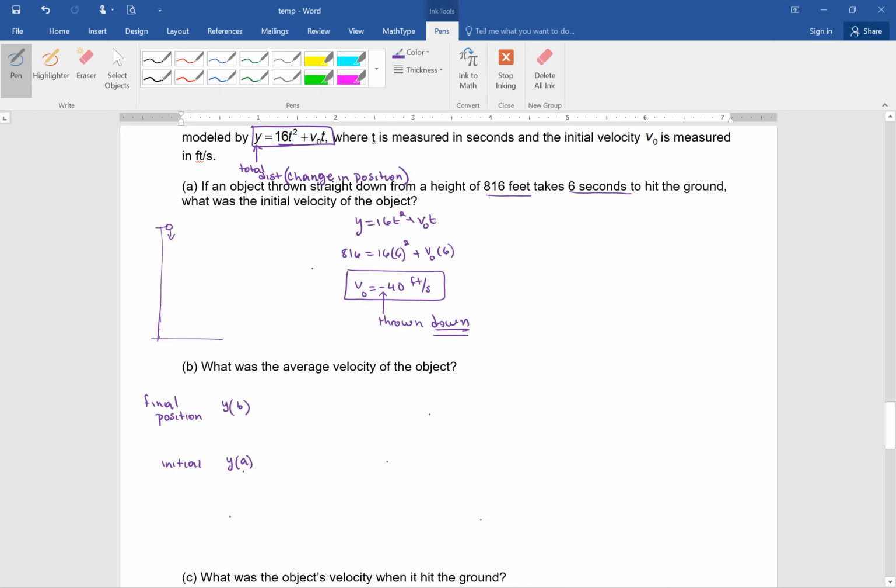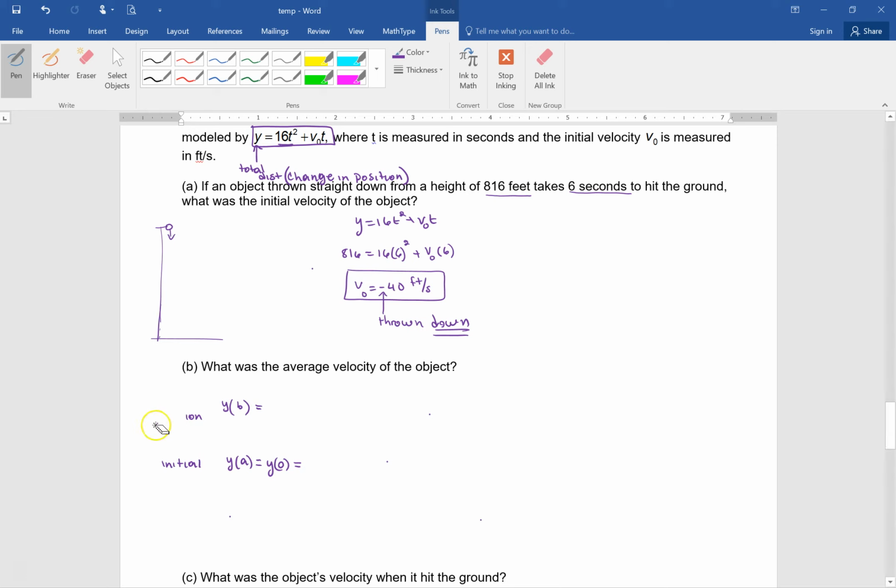Now, initially, what's the time initially? 0. So here it's y of 0, because time is 0, and that is going to equal what? Just 0. Wait a minute. That makes sense. But you drop the ball in 0 seconds. Actually, that's 0 velocity.